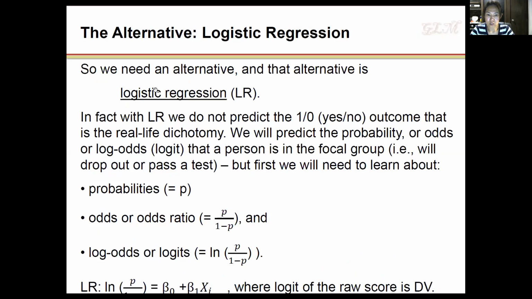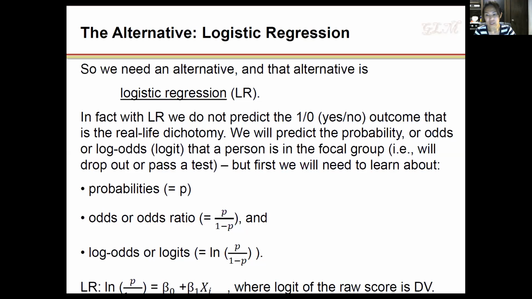So here, logistic regression. In order to get to this point, we have to go through a couple of steps. First, the raw pass scale should be changed into probability. And then we check whether x versus y of probability is linear.